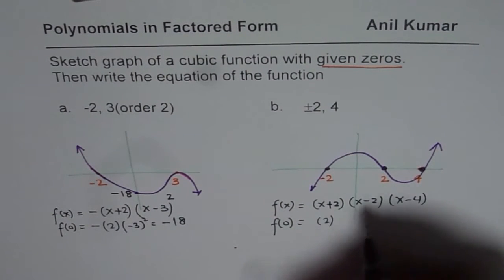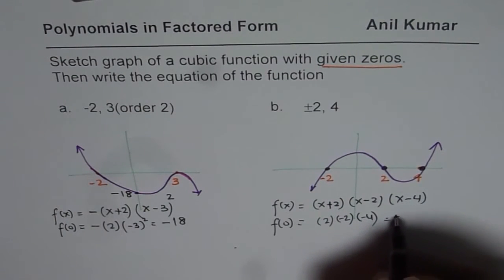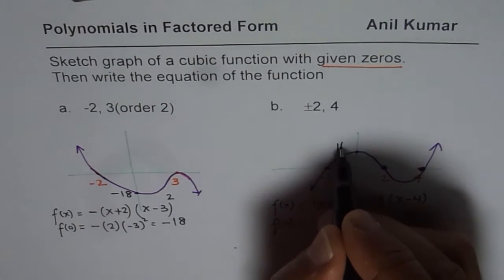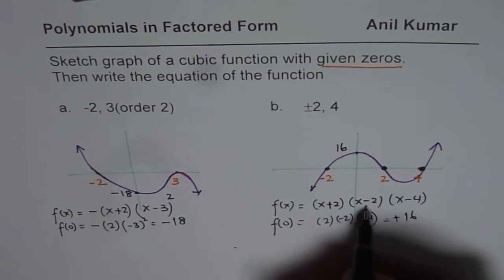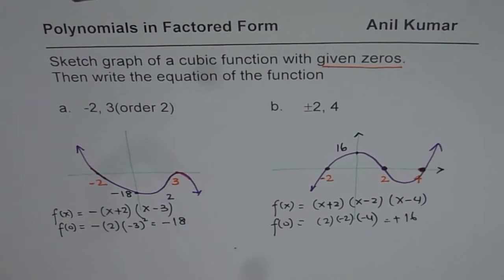It will be 2 times minus 2 times minus 4, that is indeed positive. 4 times 4 is 16. I can write this point as 16. So in that case, my function is x plus 2 times x minus 2 times x minus 4. So that is how we can write down the equation from the graph also.